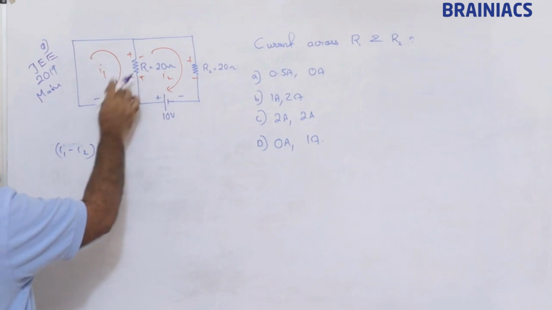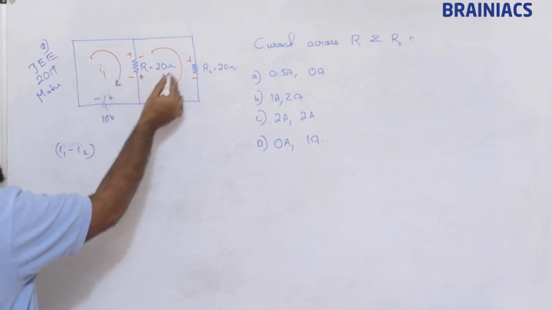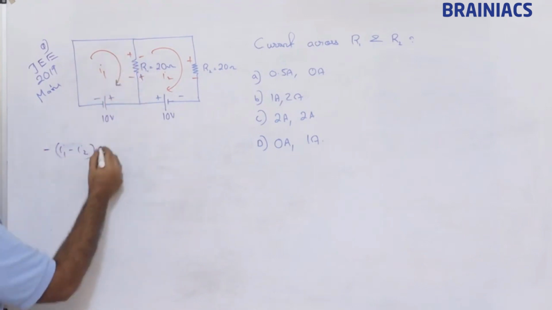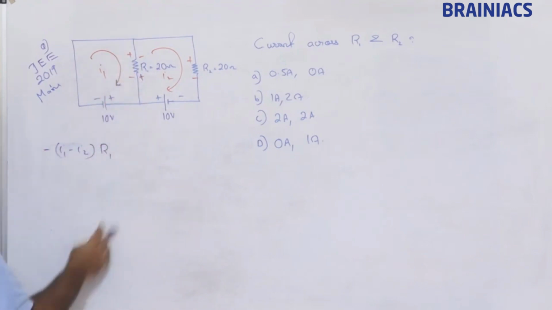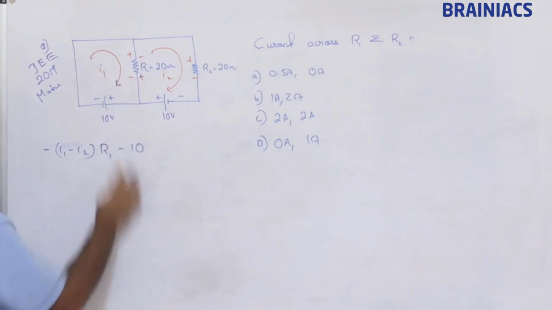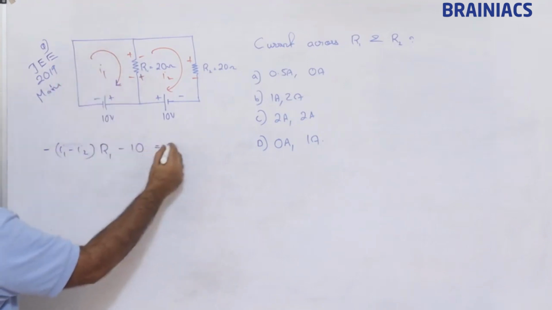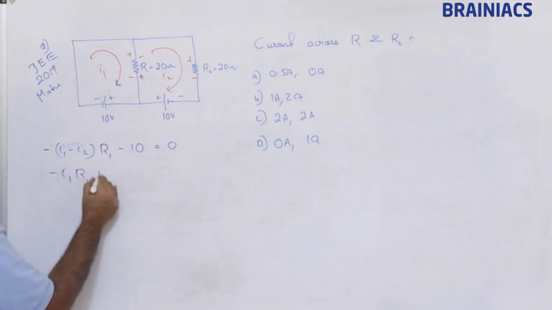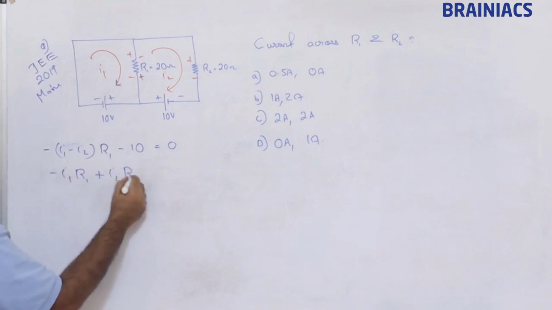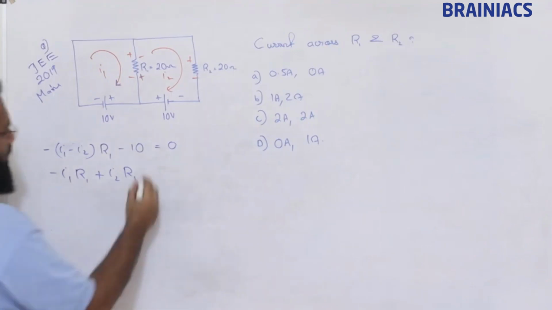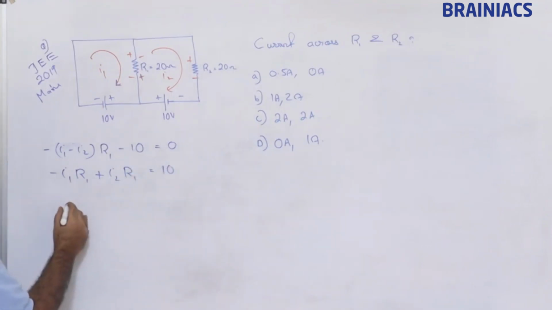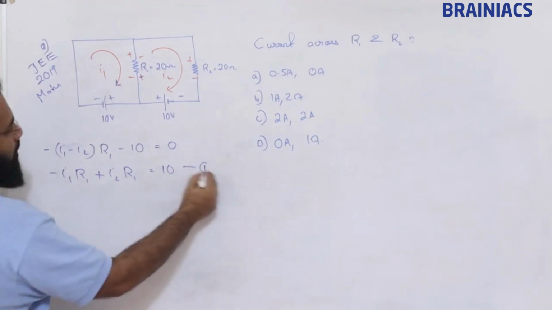Consider this as the forward current and this as the inverse, since we are considering the direction like this. Then minus 10 equal to 0. So minus I1 R1 plus I2 R1 equals 10. This is one equation.